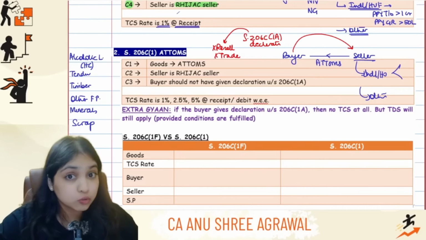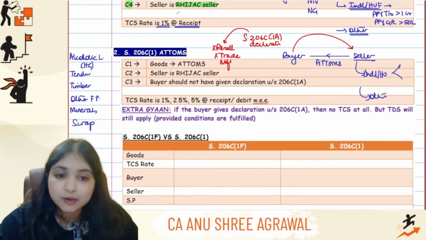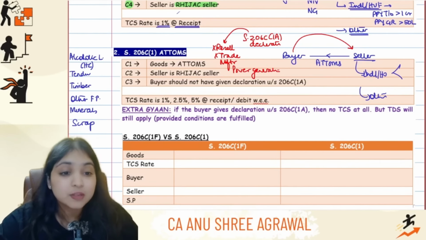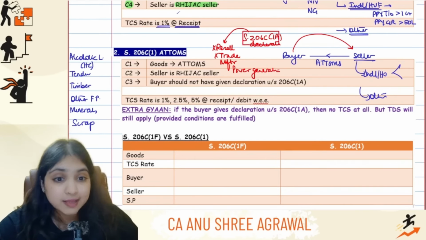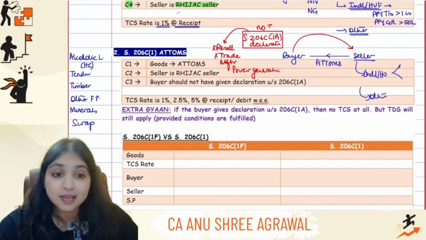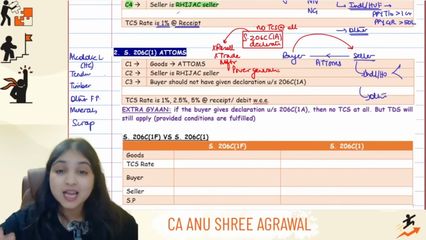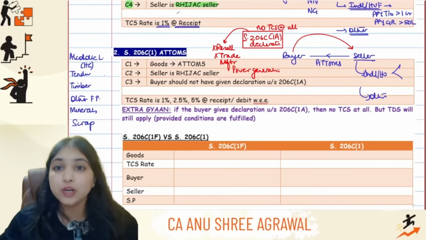Instead, I am going to use these goods for further manufacturing, or I am going to use these goods for power generation, but I'm not going to trade in these goods. So like this, the buyer will give a declaration to the seller many times. If the buyer has given this declaration guys, in that case, no TCS at all. No TCS at all means under any section TCS will not apply.